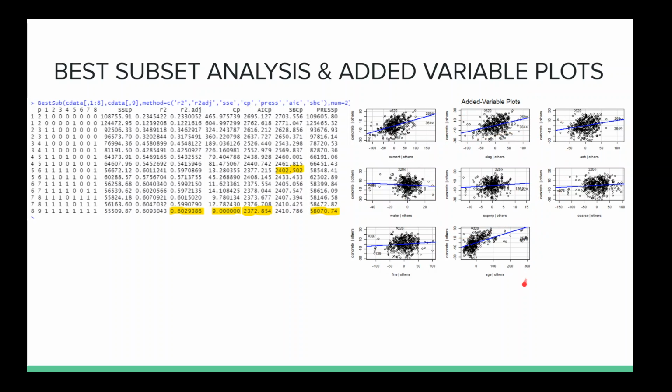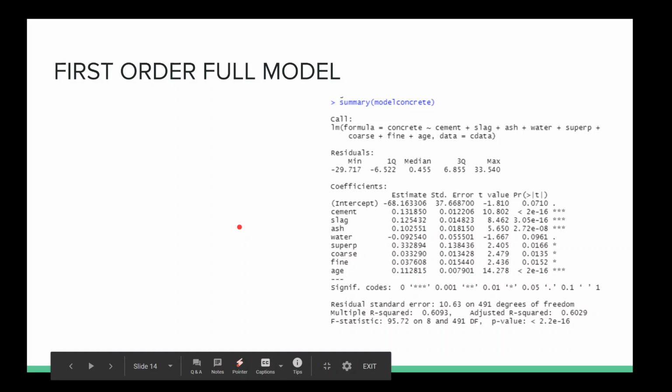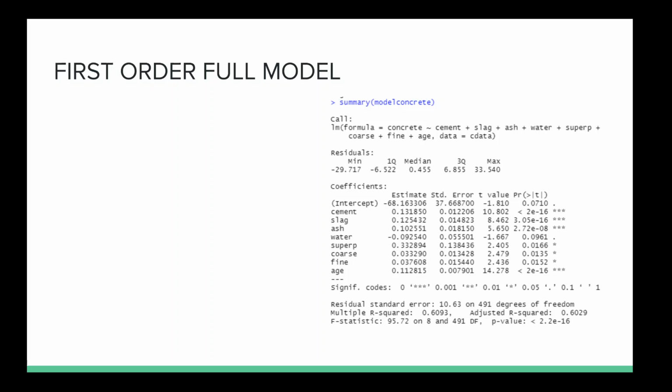Next, the added variable plots show that all of the predictors have a linear impact on the response variable. This exactly confirms what we found out through the best subset analysis. Now let's look at our first order full model.